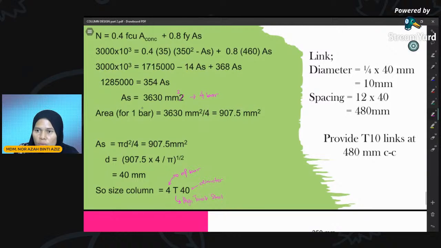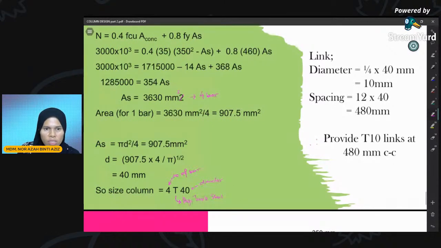Then the spacing is 12D, so 12 times 40, we get 480 millimeter. So your final answer is provide T10 links at 480 millimeter center to center. Okay guys, so we just completed 3 questions.